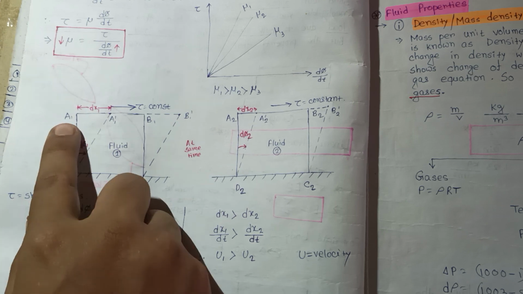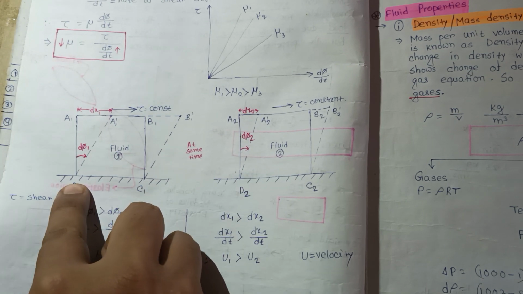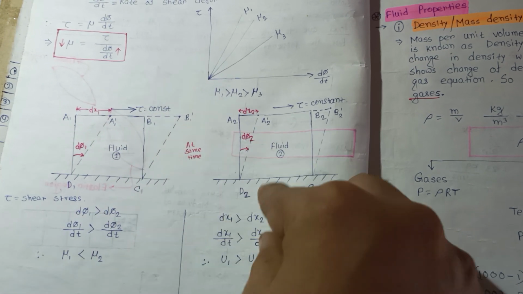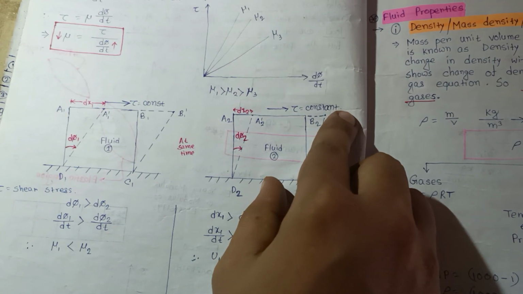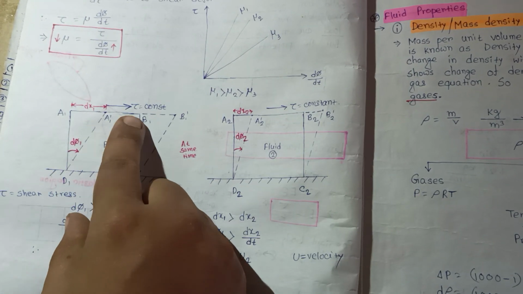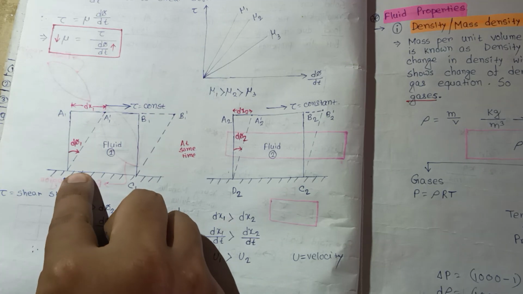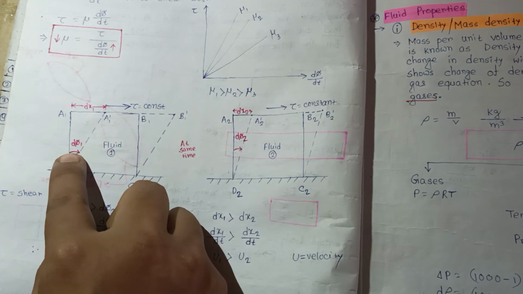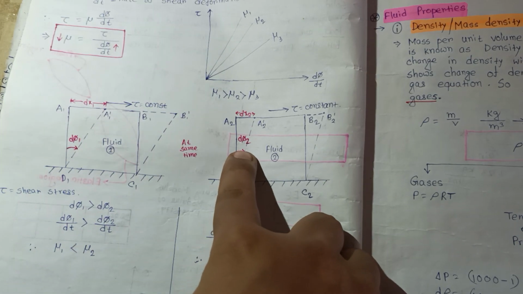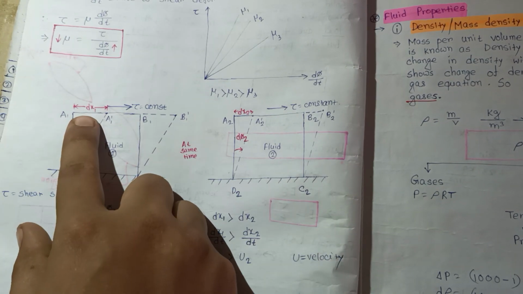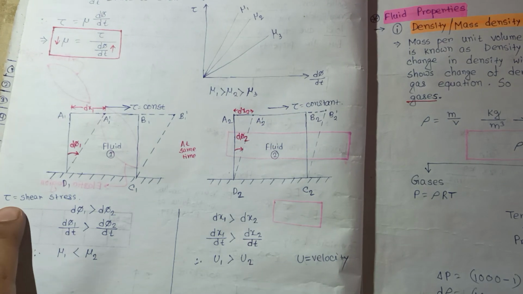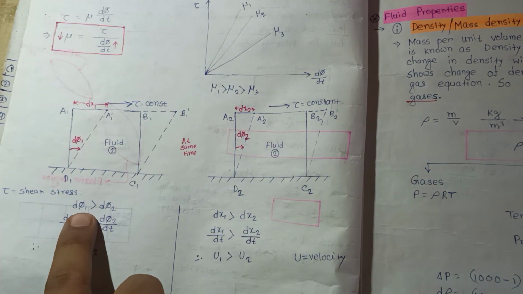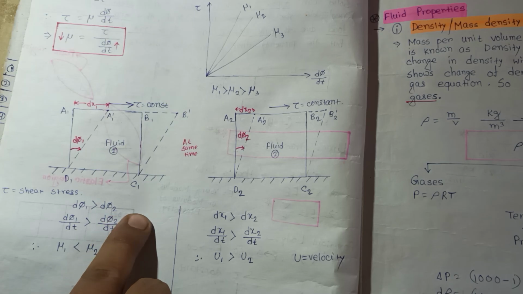This is A1, B1, C1, D1, and this is A2, B2, C2, D2, with tau equal to constant in both cases. For fluid 1 there is shear deformation d phi 1 and displacement dx1, and for fluid 2 shear deformation d phi 2 and displacement dx2. You see that d phi 1 is greater than d phi 2.